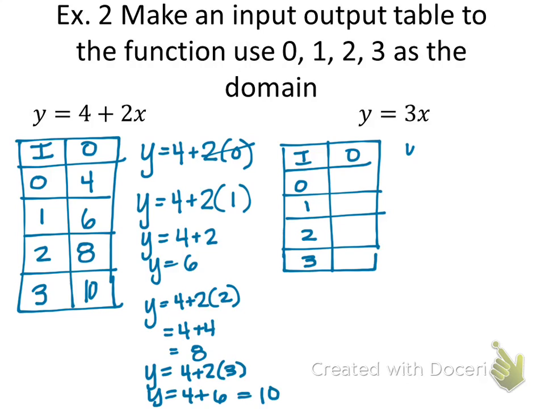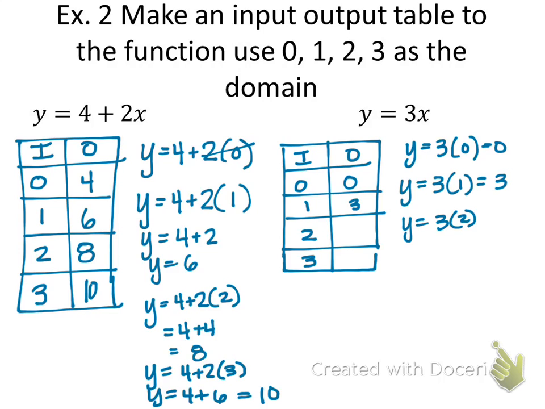So I say y equals 3 times 0. What's 3 times 0? 0. Okay? Y equals 3 times 1. What's 3 times 1? 3. Y equals 3 times 2. What's that? 6. Y equals 3 times 3, which is 9.